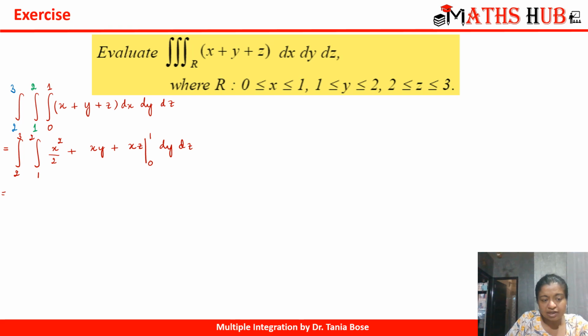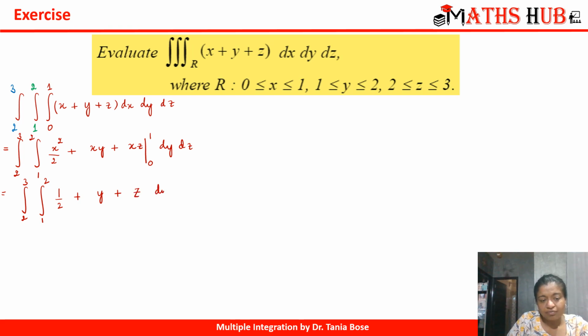So now let us put the limits in x. The first two integrals are kept as they are. When I place the limits of x as 0 and 1, the first term becomes 1 by 2, the second term becomes simply y and the third term simply becomes z.